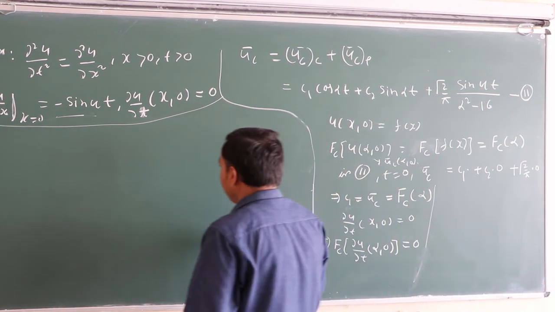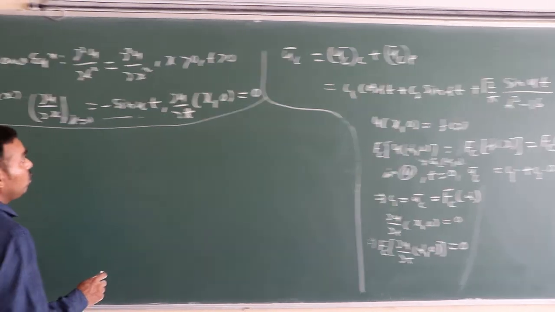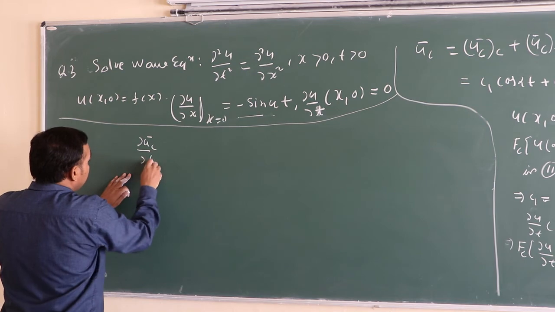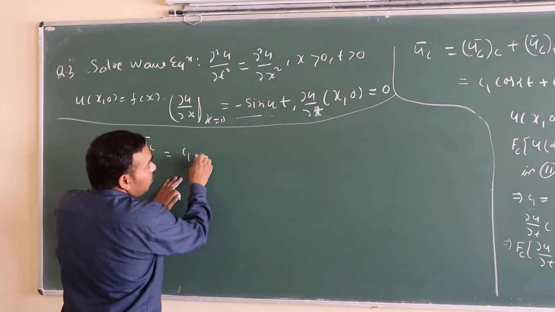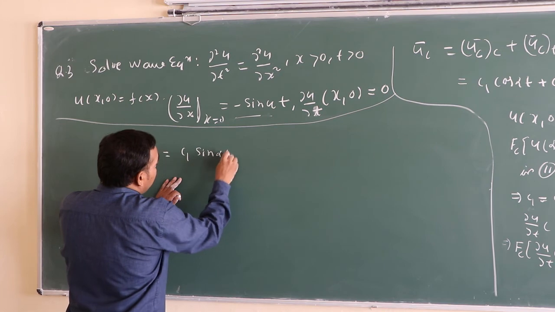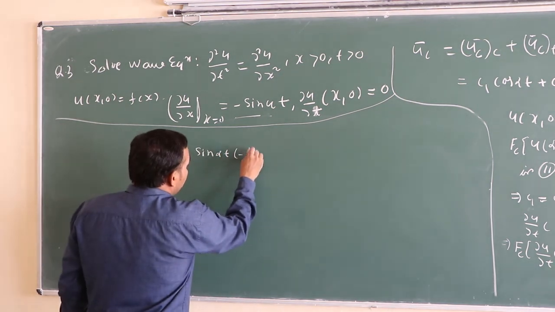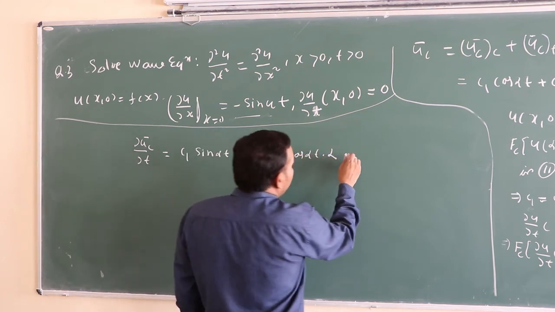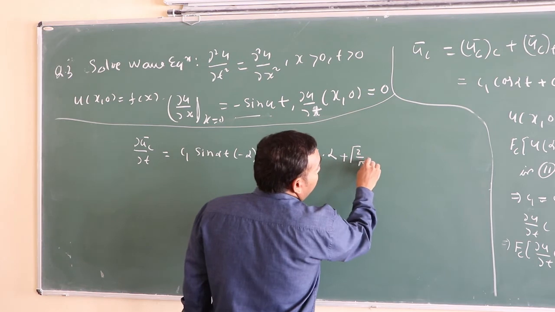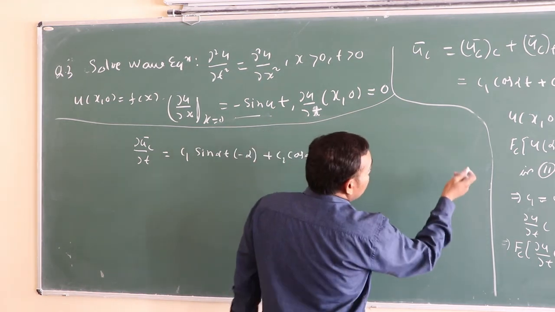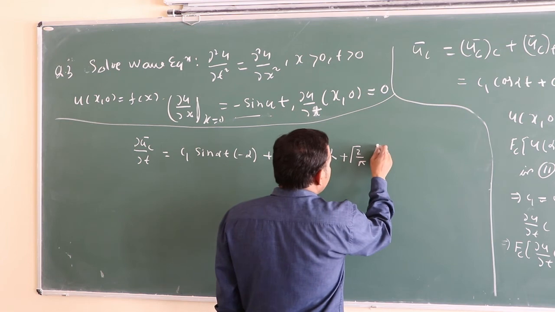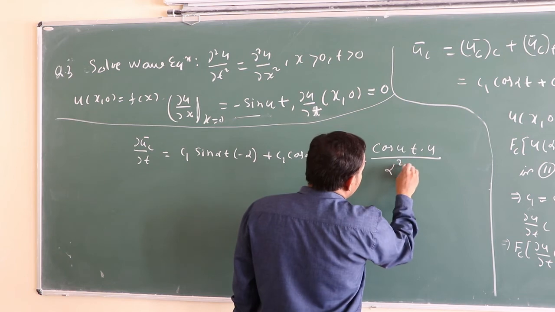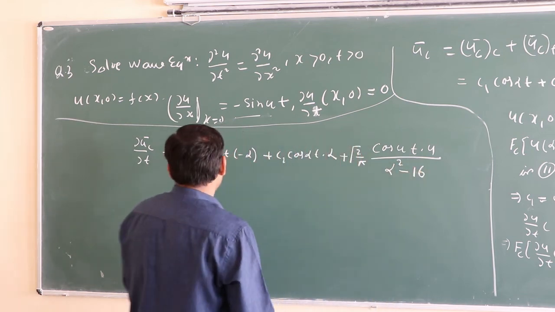Now differentiate equation 2 with respect to t: del u_c upon del t equal to c1 times minus alpha sin alpha t, plus c2 alpha cos alpha t, plus under root 2 upon pi times cos 4t into 4 upon alpha square minus 16.